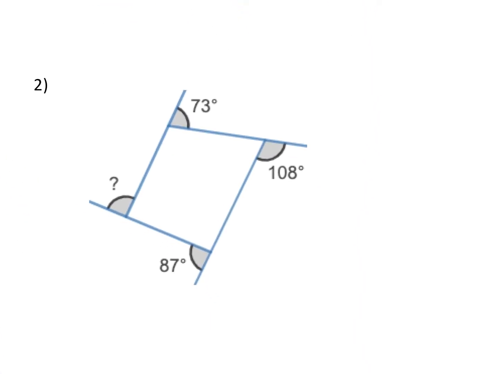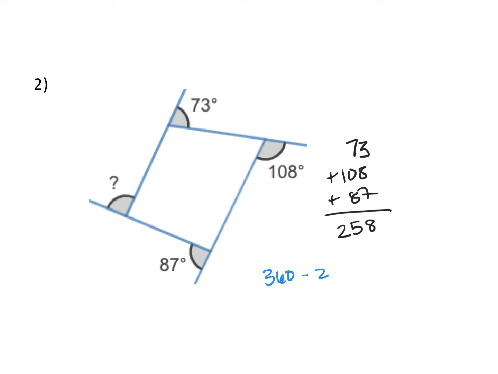So if we go back here and we add up 73 plus 108 plus 87, we're going to get 258 for these 3 angles. And so all I need to do is take 360 minus that 258, and then this angle should be, oh gosh, yep, 102.